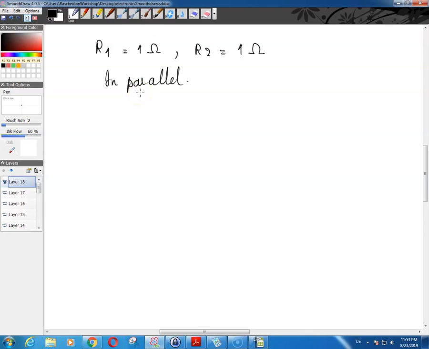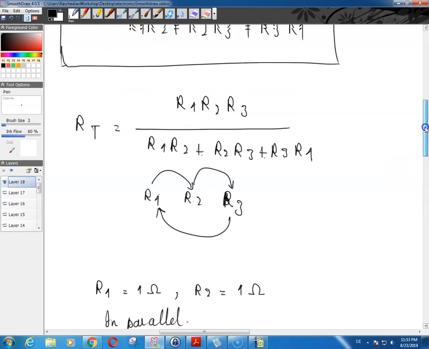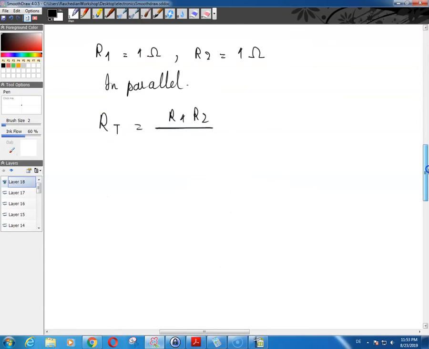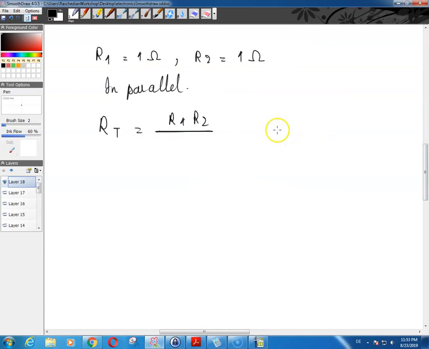So since the resistors have been connected in parallel, we said that R of t is equal to R1 R2 over... now I did forget the formula actually. Well, actually you don't need to really memorize anything.